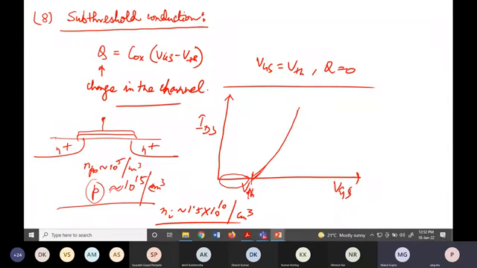Now this minority carrier can give rise to current between source and drain, but this current is not drift current, it is diffusion current. Why is it not drift current? Because the carrier concentration is very low, and usually when it is off you don't apply a very large voltage, so the electric field here is not that much. So the drift component of current is almost negligible.